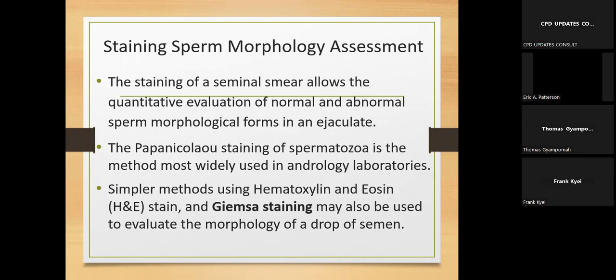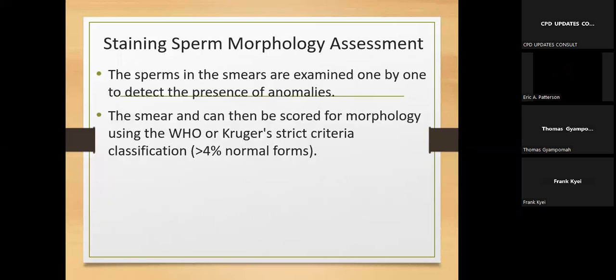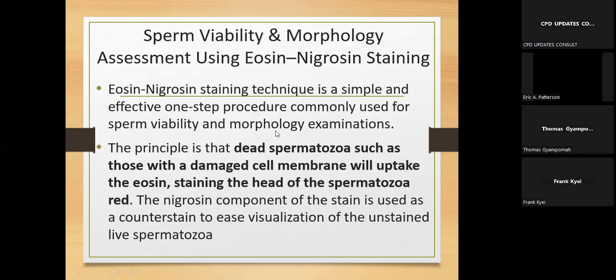So it makes the sperm morphology assessment really, really challenging, but I'm sure you know what to do. There is another easier way to look at it. Whichever stain you have used, you are going to look at the morphology based on the Kruger strict criteria, and then determine your listing.